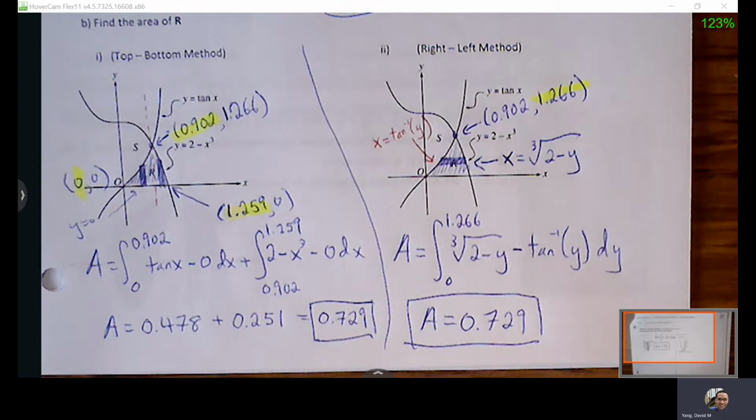So on page 8, read the problem and see if you can use your calculator to find the bounds and identify whether it's top minus bottom or right minus left. So here we want to choose the easiest path. Okay, so this problem is unique because this problem allows us to do top minus bottom and right minus left interchangeably, but future problems are usually one or the other. Okay, where we're picking because one method is just obviously not going to work.